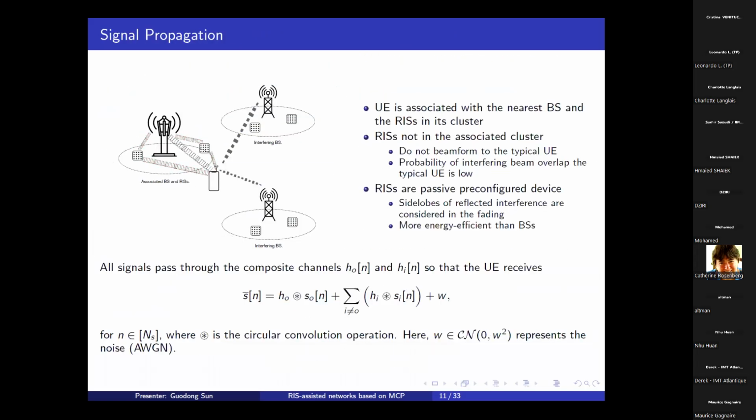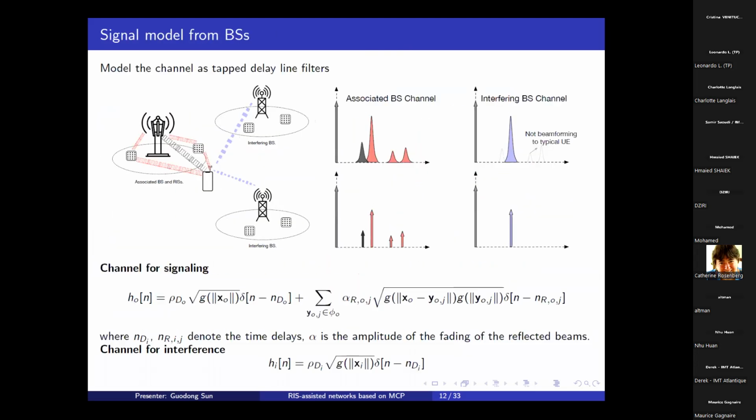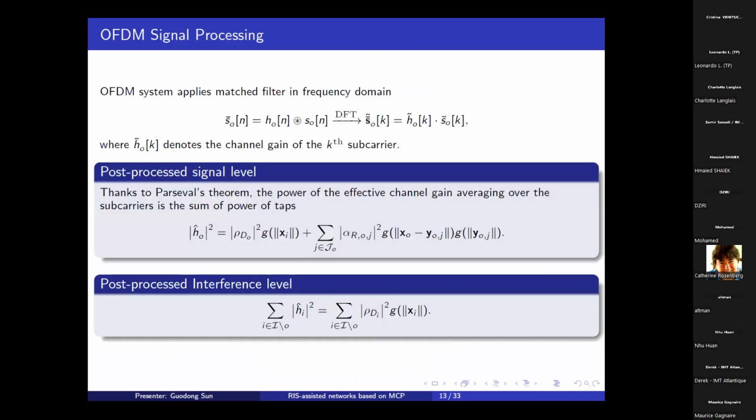That aspect is taken care of by the OFDM, the small time delay between different paths. For example, you see here you have different delays, multiple taps for the path from the base station via the RIS. We cannot tell how much the difference is, but in the frequency domain there is a nice property of the Fourier transform: you apply a matched filter to the subcarriers, and the power in the frequency domain equals the power in the time domain.